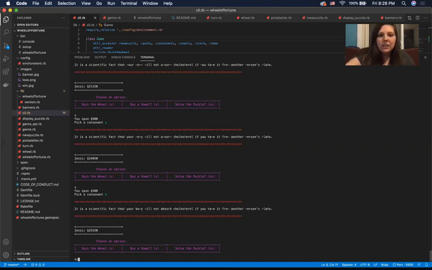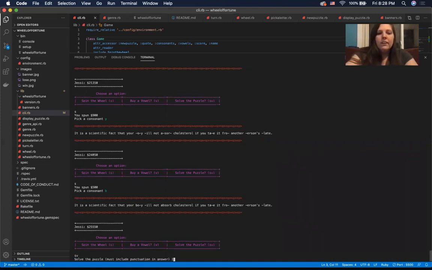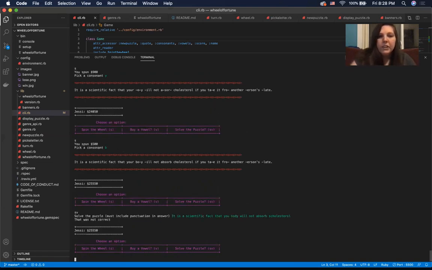Okay, so I'm actually going to solve this one by typing it just to show you the function. So we're going to solve, since this one's shorter. It is a scientific fact that your body will not absorb cholesterol. Oh. Okay, I'm going to retype this.